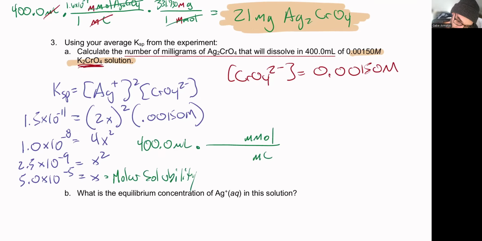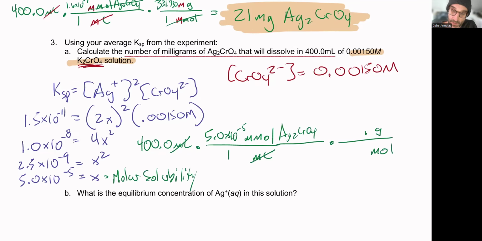So 5.0 times 10 to the negative 5 millimoles per 1 mL. Milliliters cancels, and I would be left with millimoles of Ag2CrO4 times a fraction. I want moles to go away, grams to remain, but again, we're going to put milli in front.